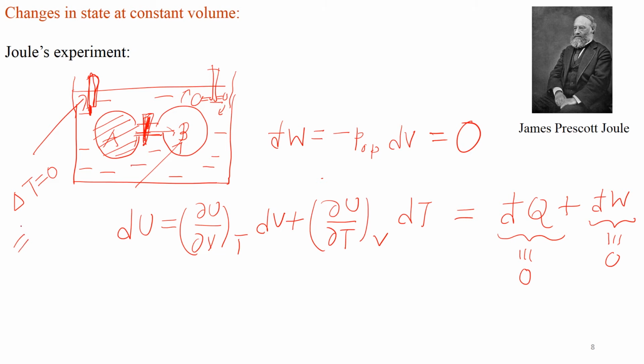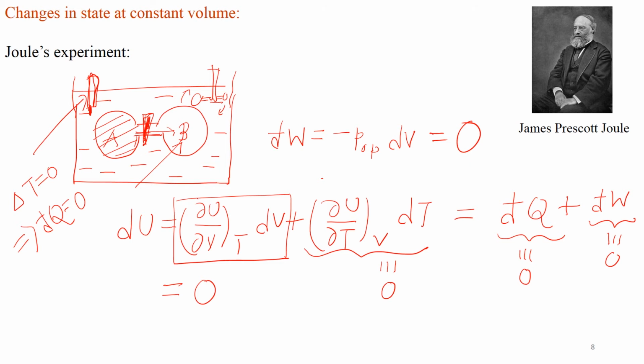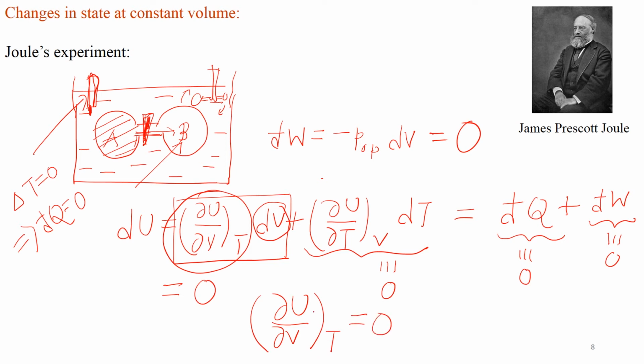Since delta T was 0, d cross q also has to be 0. So, the right hand side of this equation is 0. Since delta T was 0, which means dT was also 0, the term (del U del V)_T must be 0 since dV is non-zero. So, Joule said that (del U del V)_T is 0 according to his measurement. We will come back to it when we discuss the Joule-Thomson experiment.